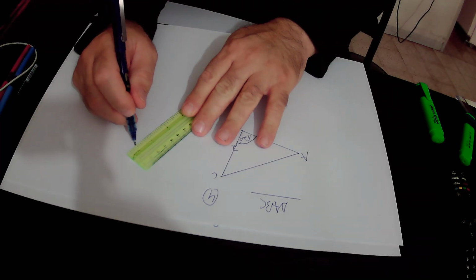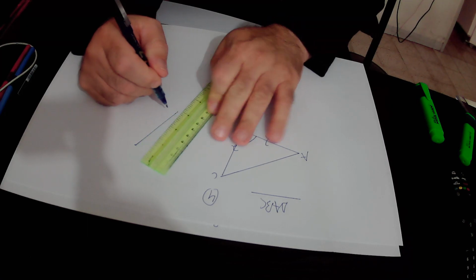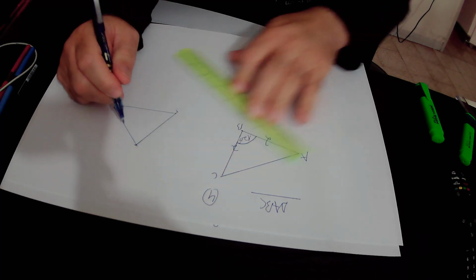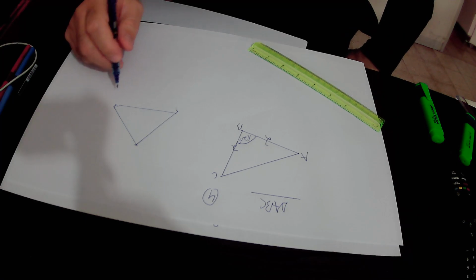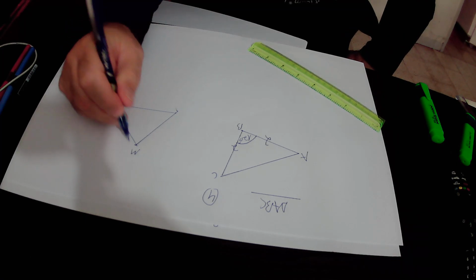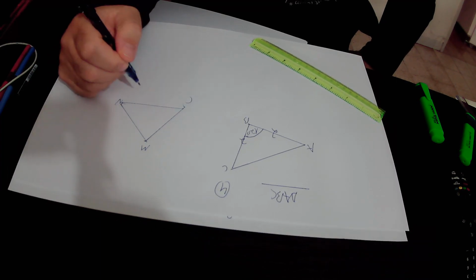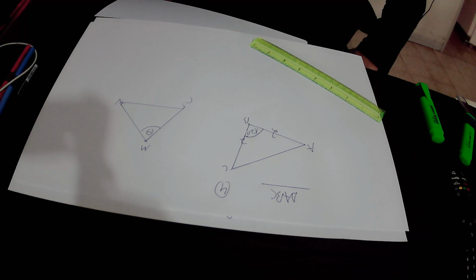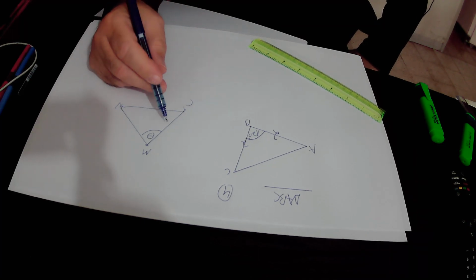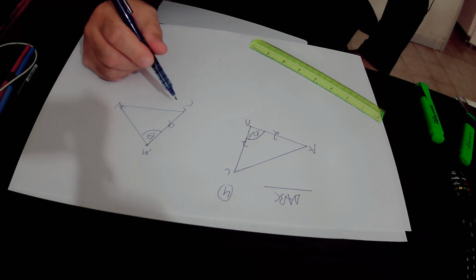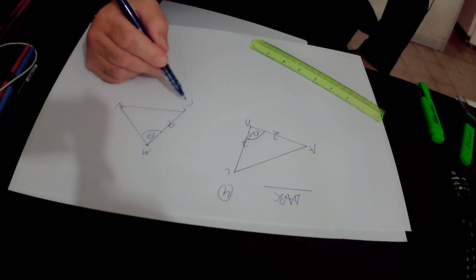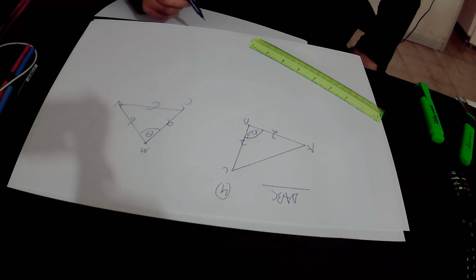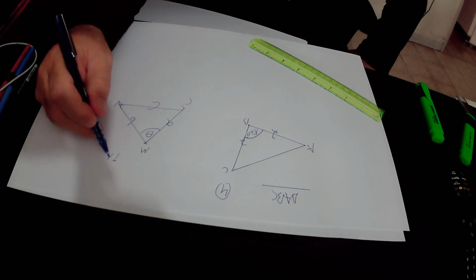We have here this triangle, M and C, and this is angle theta, and we know that the length of side MN is A units, the length of side MC equals A units, side MN equals B units in its length, and side CN equals C units in its length.